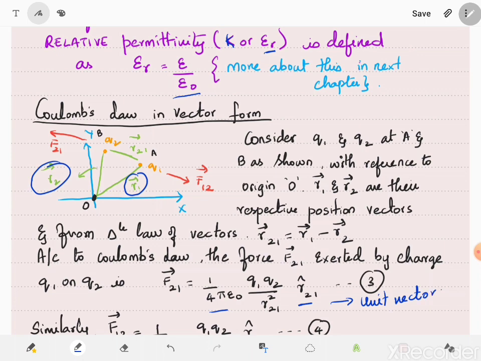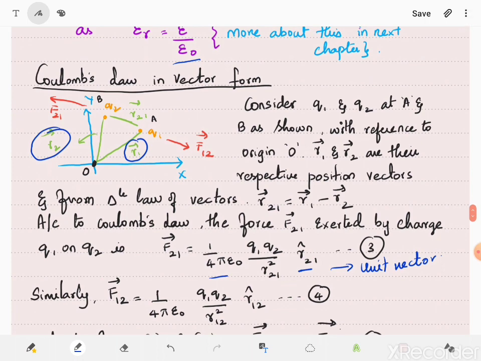extending from 2 to 1, from B to A. Similarly, one can write F12, which is 1 by 4 pi epsilon naught Q1 Q2 by R12 square R12 cap. Now R cap 12 is basically a unit vector in the direction of 1 to 2.